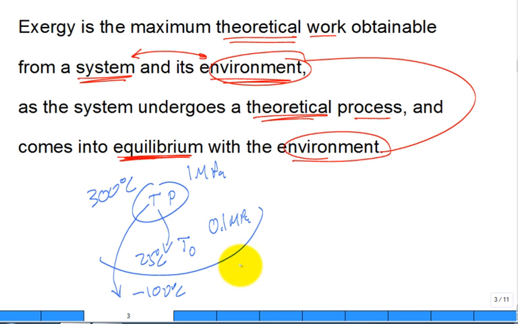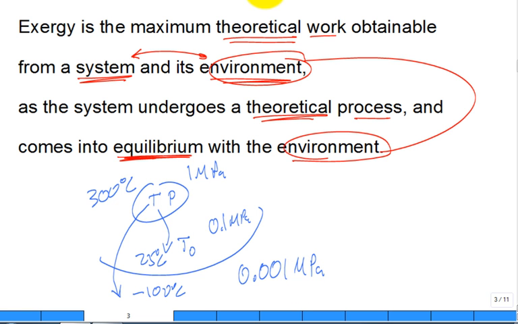Somebody says, well, why don't we start with a vacuum? 0.001 megapascal, that's a vacuum. Well, you'd be clever enough to start from a vacuum and get the system up to atmospheric pressure, 0.1 megapascal, and still make work. So it's a little tricky.